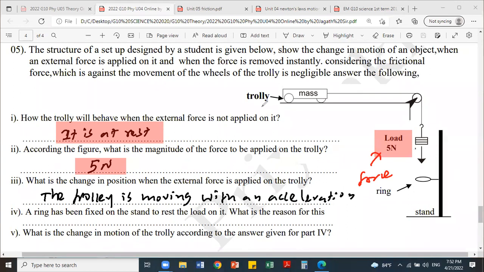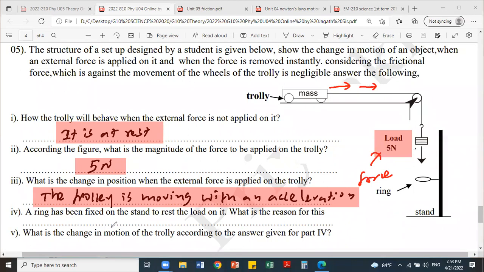When you apply unbalanced force, until you put this load, it is at rest. When you apply 5 Newton load, it is moving forward with acceleration.